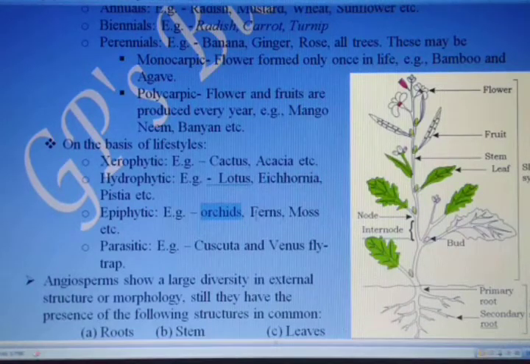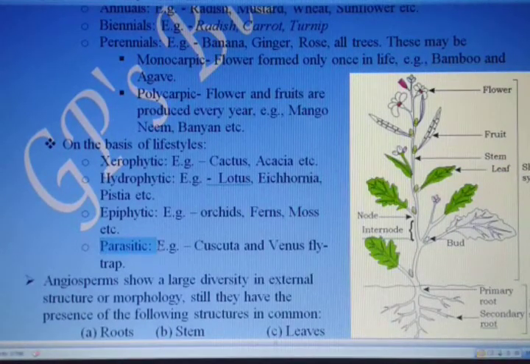When we talk about fern and moss, if you remember, fern we studied in pteridophytes, moss is a bryophyte. These are also sometimes found growing on boundary walls, or on branches of trees. So these are also considered epiphytes here.